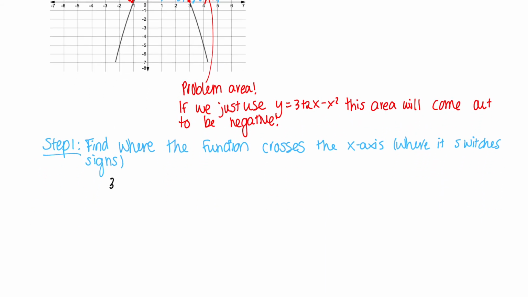So if we take 3 plus 2x minus x squared and we set this equal to 0, we can factor this thing. I'm going to factor a negative out of it. So I have negative x squared minus 2x minus 3 equal to 0.